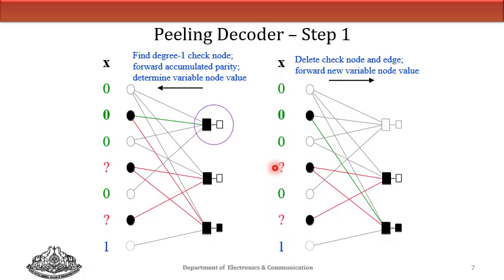So this should be 1, so that 1 plus 1 is 0. That would satisfy this parity check equation, because C3 is V1 plus V2 plus V5, sorry, V4 plus V7. So in order to satisfy the equation, this should be 1. This check node will pass that 1 to this particular variable node and delete the edge.